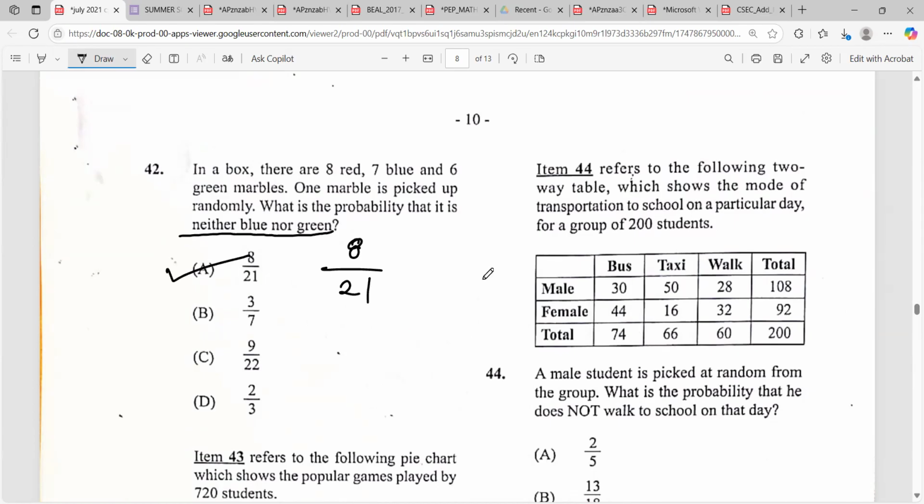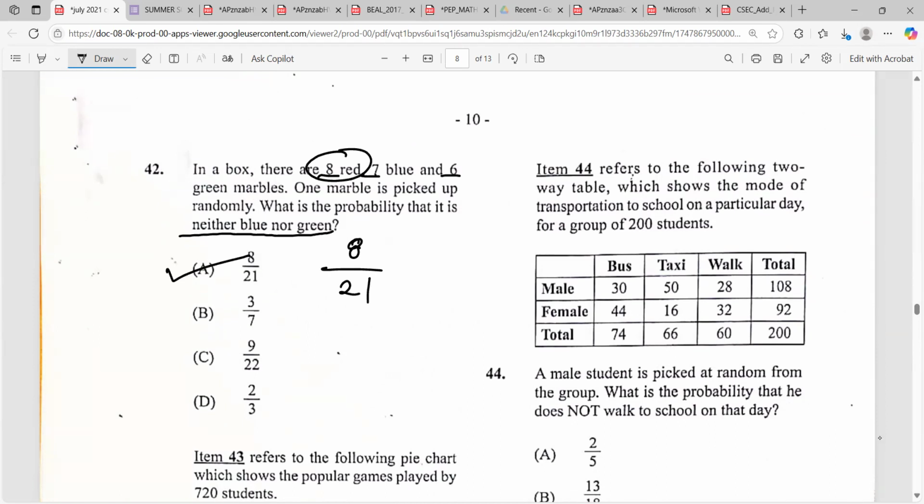Because another way you could do it, I get 21, the total number of marbles. Look what it says: what's the probability of picking neither a blue nor a green? So if it's a blue or a green or red, right? So it's the same thing as saying what's the probability of picking a red. Another way that we could have done it is to add.